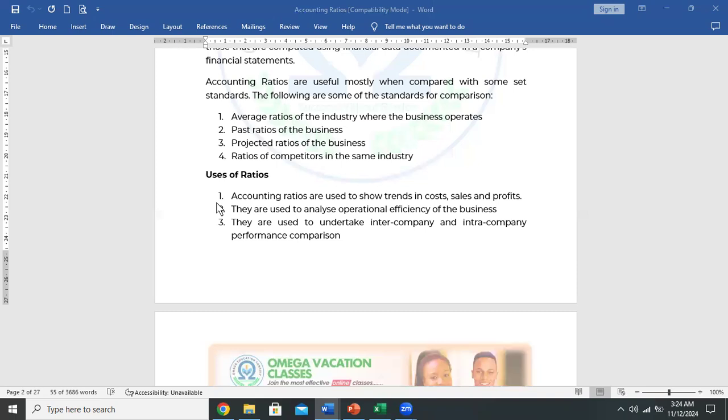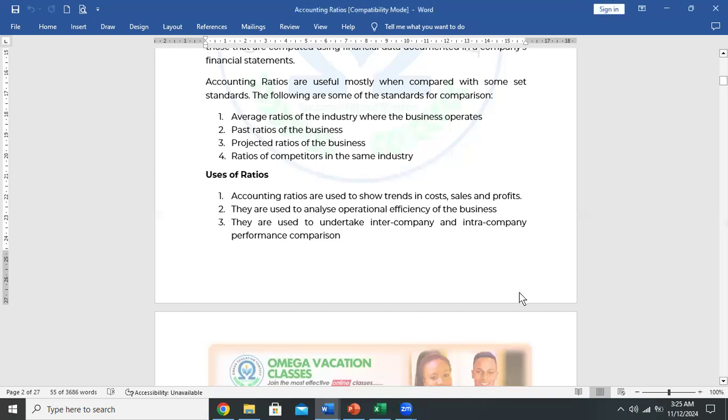Like the example I gave, you comparing your first semester results to your second semester results. That is intra. So within the company itself. Maybe comparing 2023 performance to 2024, etc. Okay, so I hope that is settled.